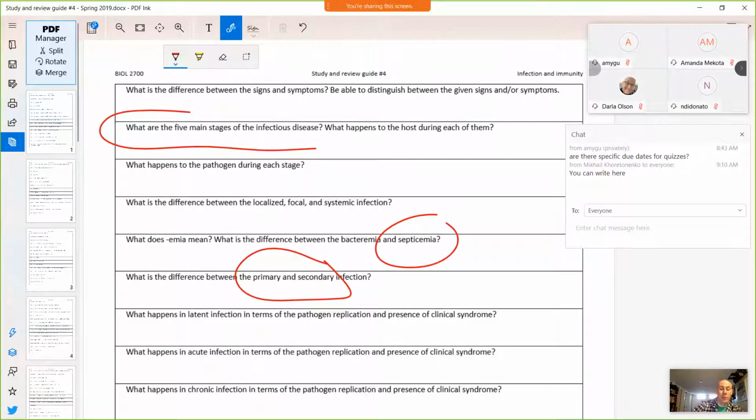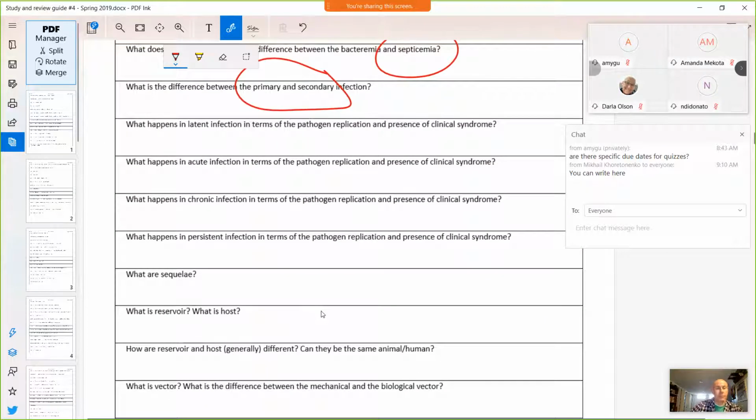Now, these 4 terms here, latent, acute, chronic, and persistent. So let's actually start with acute. Acute means short-term, very well manifested infection. Influenza is an example of an acute infection. It hits you hard, you get sick, you recover, the virus is gone.